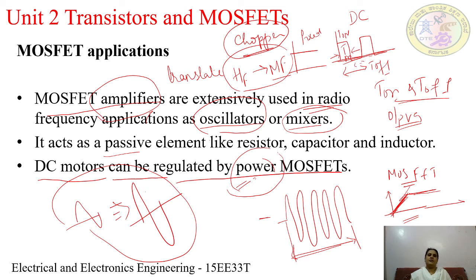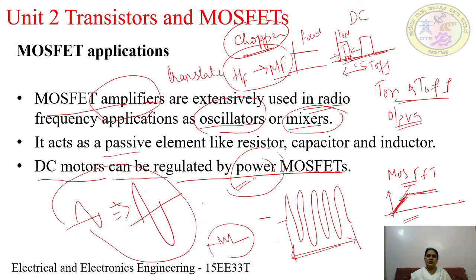Apart from that, the MOSFET will behave just like a normal resistance. If I operate the MOSFET in the linear region, it will behave like a resistor, because in the linear region, the current will vary linearly with the voltage. Which current? Output current and the output voltage. Okay.